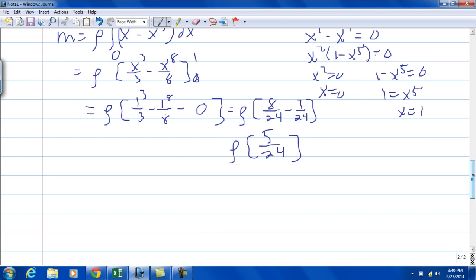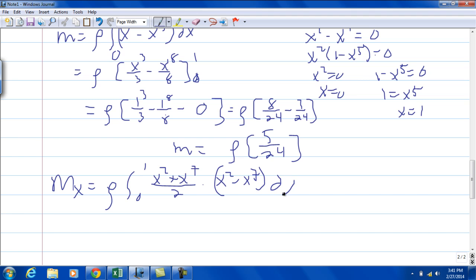Okay, that's our m. Now we get to the interesting part. mx is going to be rho integral from 0 to 1 of x squared plus x to the 7th over 2 times x squared minus x to the 7th dx. And so we can pull that 1/2 out, and I'll call that rho over 2 integral from 0 to 1.